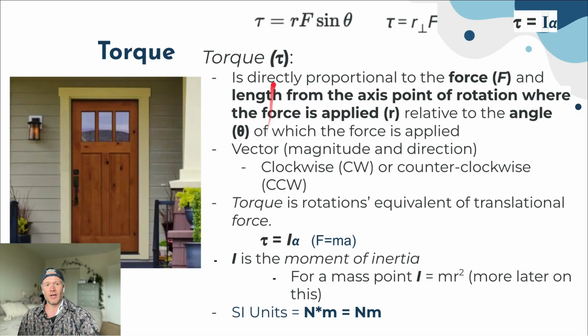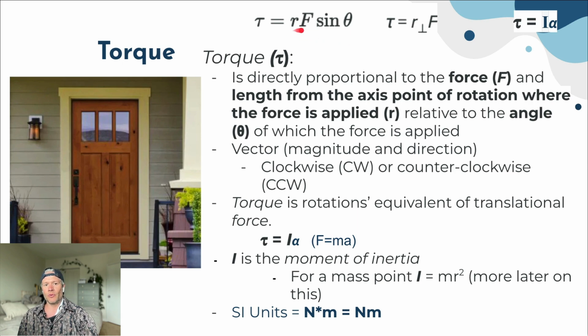And again, if we ignore all this writing for a second, let's just take a look at these equations. Torque is a rotational force, kind of equivalent to force when we're talking about angular or rotational motion.